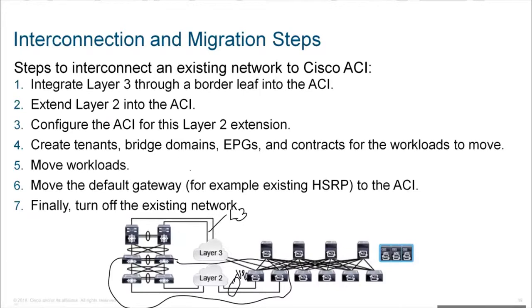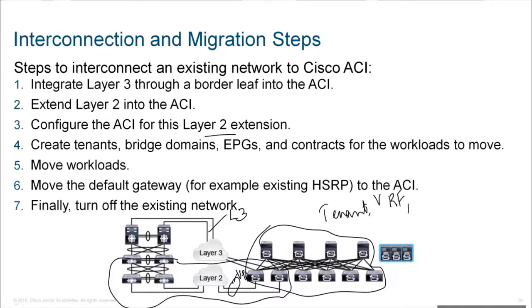Okay, so you're going to configure the ACI for the layer 2 extension and also have a layer 3 out for configuring or supporting other networks. You're going to create your tenant, your VRF, your bridge domain, and your EPGs.